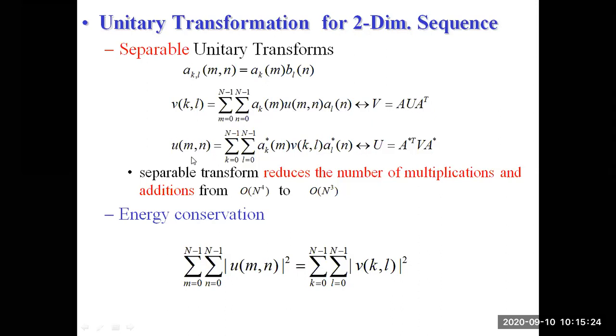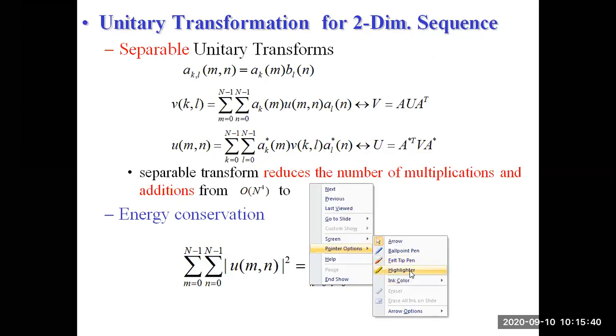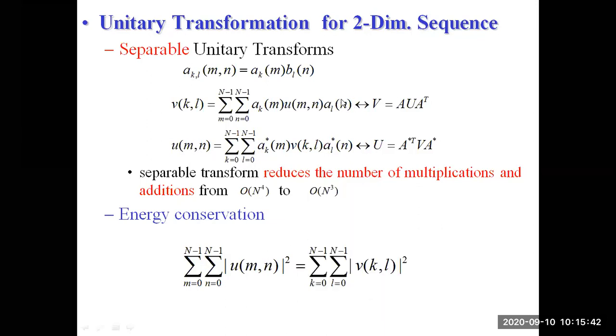And similarly, how are we getting U of m comma n? Here actually there is a small letter change. Instead of b l, we are using a l. Actually we are using b l as per this notation, but to avoid confusion, I am using the same a l.